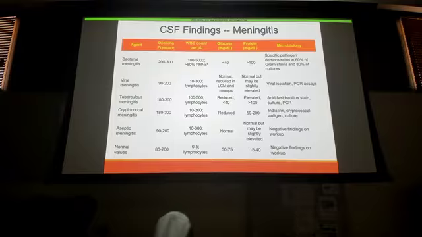Bacterial meningitis has a high increase in polymorphonuclear neutrophils, whereas those PMNs are not nearly as present in the other causes. So if you take some time and look at this, anything with the glucose and the protein compared to others, you might find some commonalities that will tease out a likely pathogen versus another.